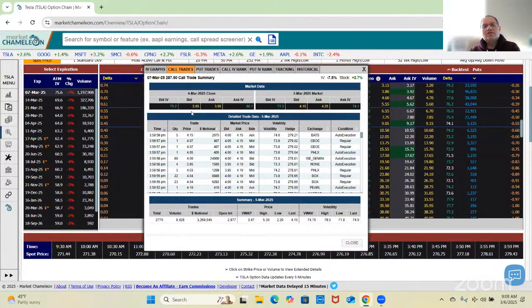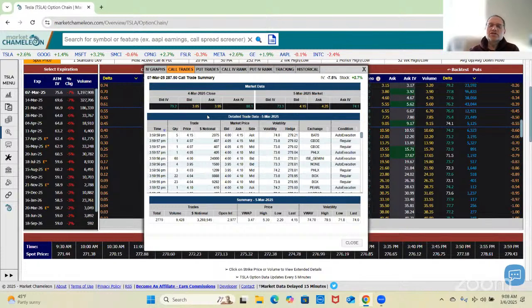So how did the option look on the previous day, March 4th? We see it was 385 bid, 395 offered. If we take the midpoint of that, it's worth around $3.90 mark to market.